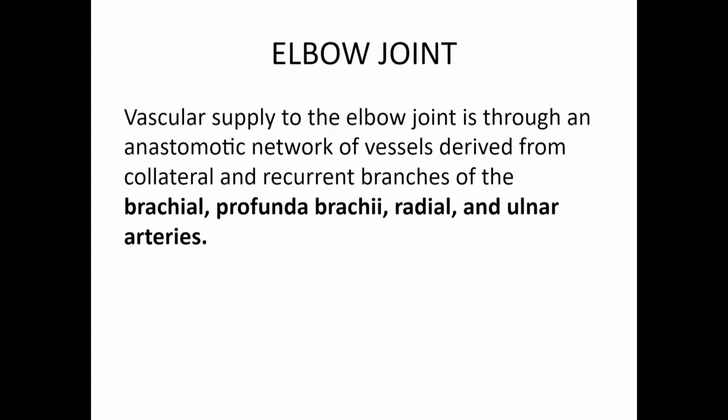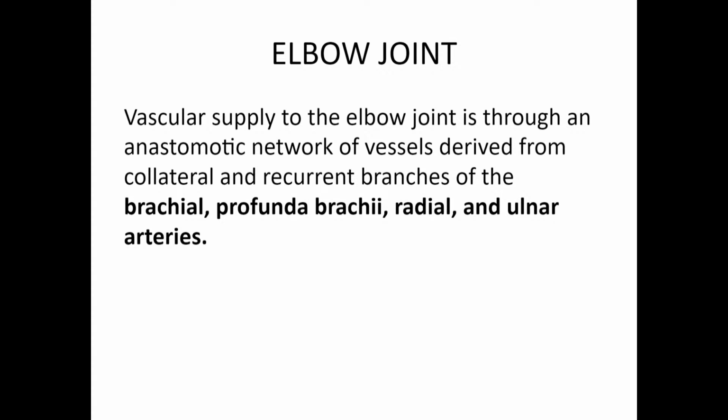So now let's continue with the supply of the elbow joint. Mostly the elbow joint blood supply is an anastomosing network of vessels derived from the collateral and recurrent branches of the brachial, profunda brachii, radial and ulnar arteries.